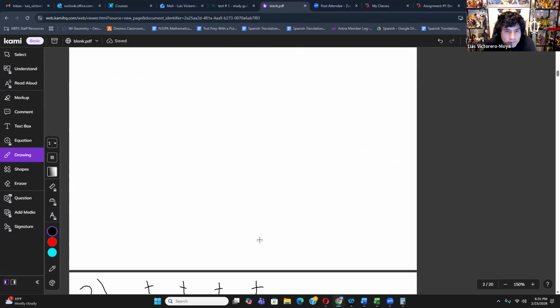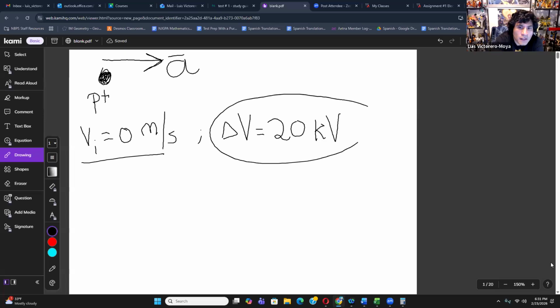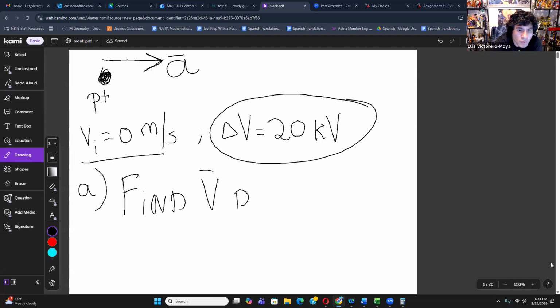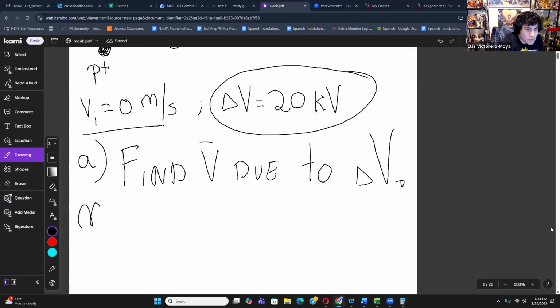There you are. It's capacitance. And then what about this? So you have a proton at rest in this electric potential. Find the speed due to delta V. It's a proton, so you need this.